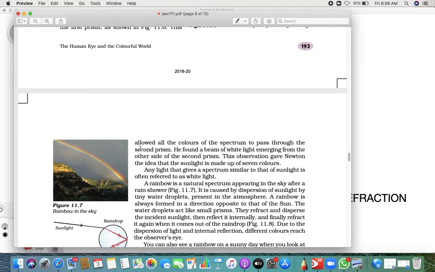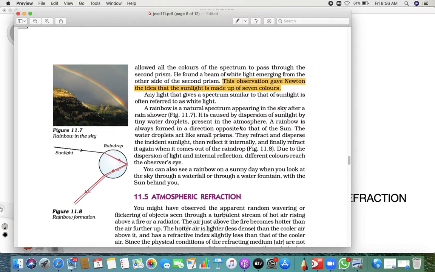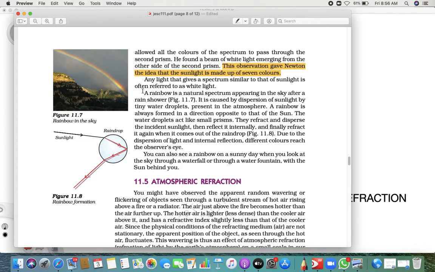Yesterday we saw this with the inverted prism. Now a rainbow is a natural spectrum, while what we created through the prism is an artificial spectrum, right? When can you see a rainbow?